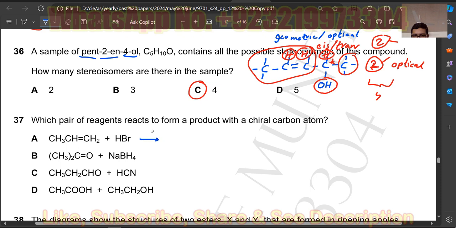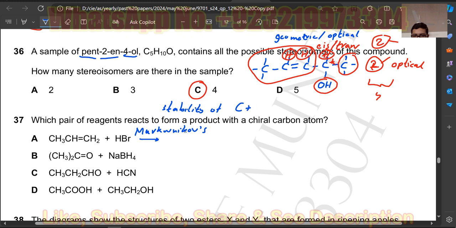It means it is following the Markovnikov rule and anti-Markovnikov rule, which means the stability of the cations.